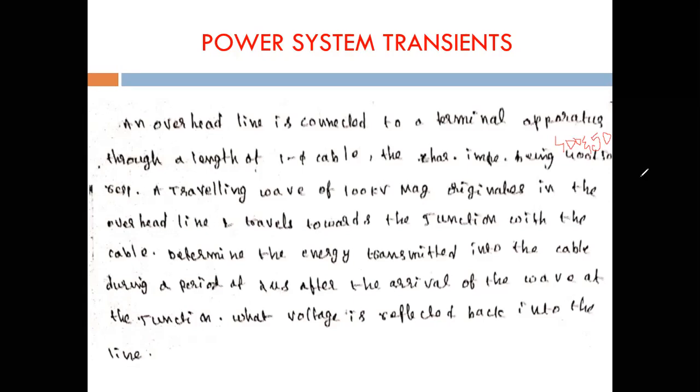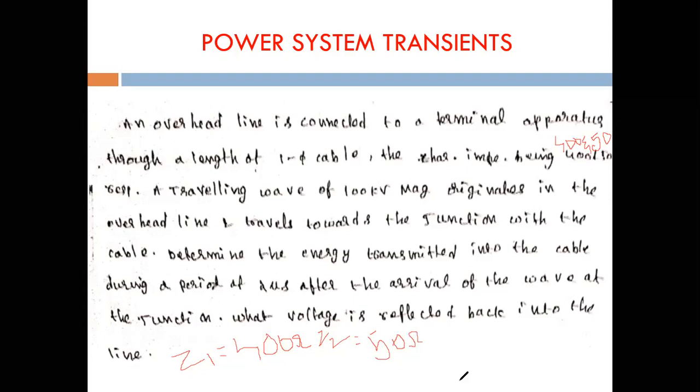That means Z1 is equal to 400 ohms and Z2 is equal to 50 ohms. These are the characteristic impedances.